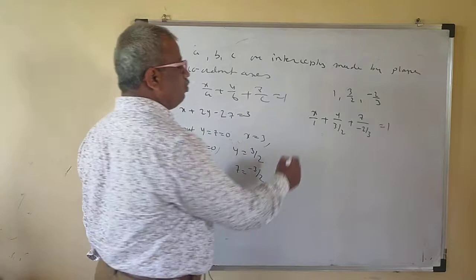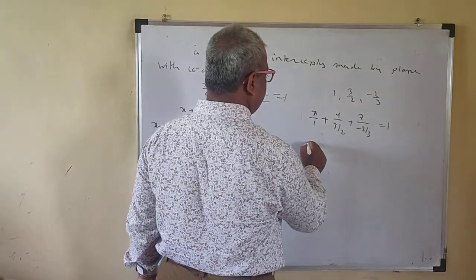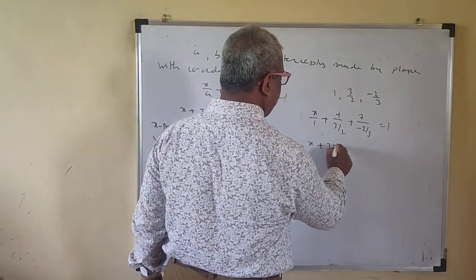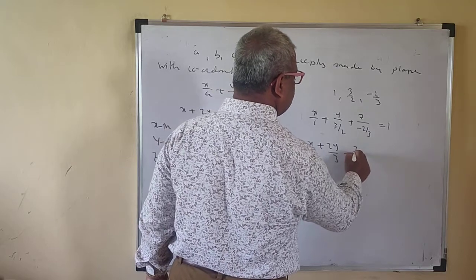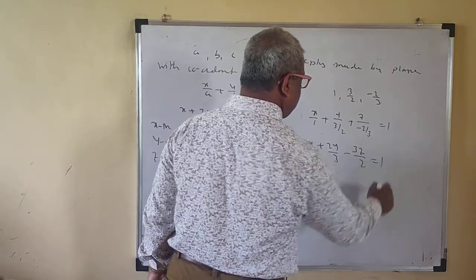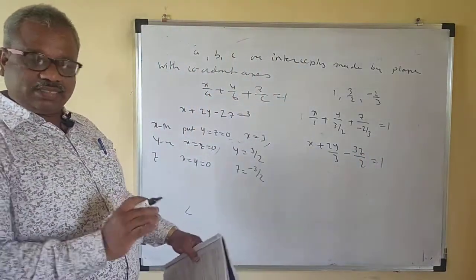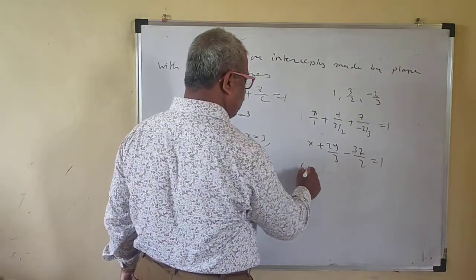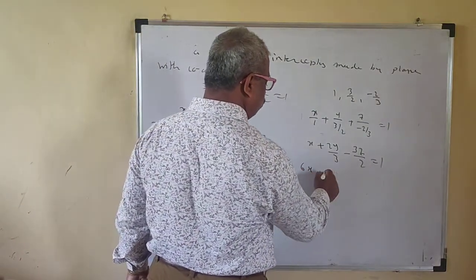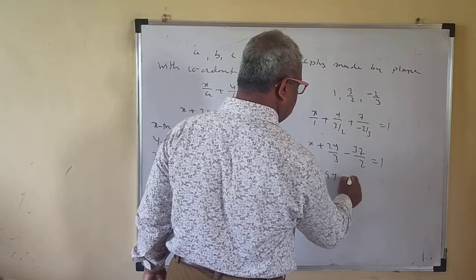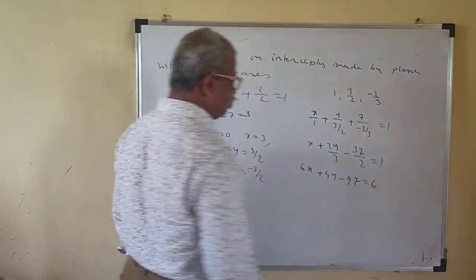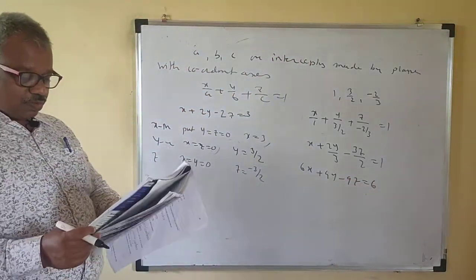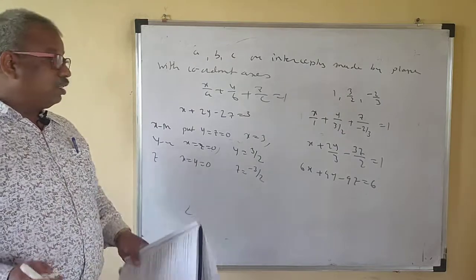Now you can write this as x plus 2y by 3 minus 3z by 2 is equal to 1. If you multiply by 6, this becomes 6x plus 4y minus 9z is equal to 6. So this will be your equation of the plane. This may be the option.